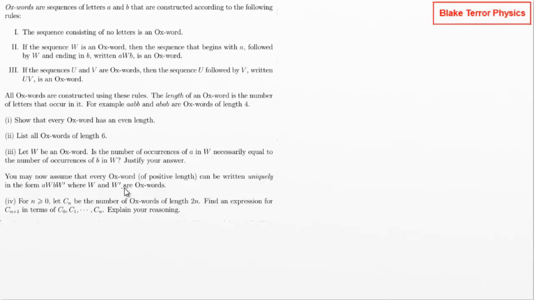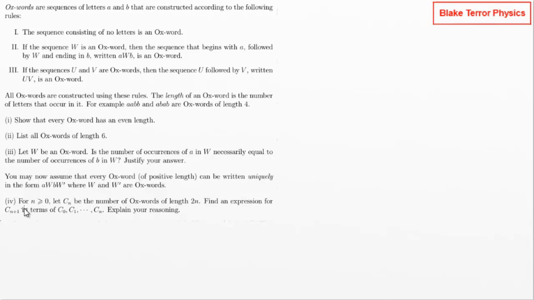So every Oxword of positive, oh, I suppose not 0 is what they're saying. Yes, okay, can be written uniquely in the form A, W, B, W prime, where W and W prime are Oxwords. Yeah, so that's why they say positive length, because that wouldn't allow you to have the 0 length Oxword, so the null string.